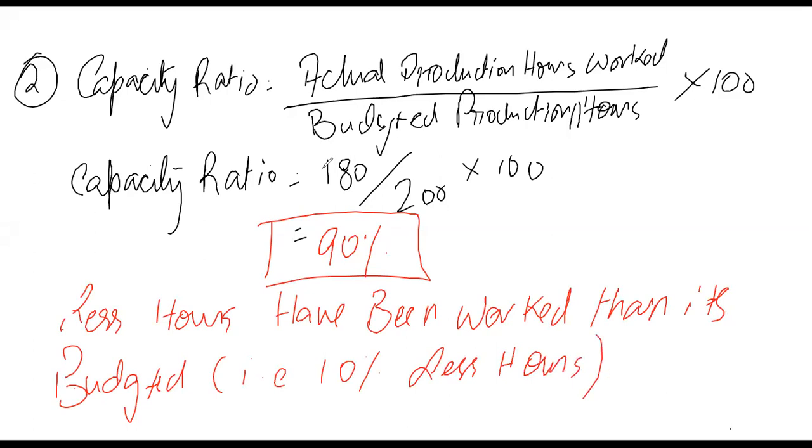Now, let me give a great conclusion. This capacity ratio is just the capacity fulfillment. You could have worked for 100% capacity, but you worked for 90% capacity. Now, this seems to be a bad situation.